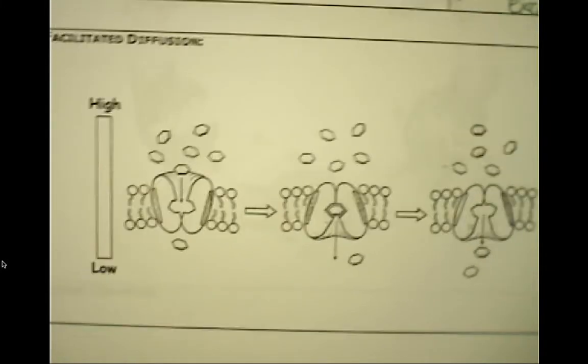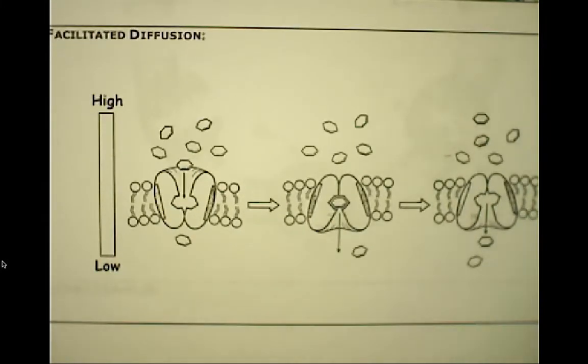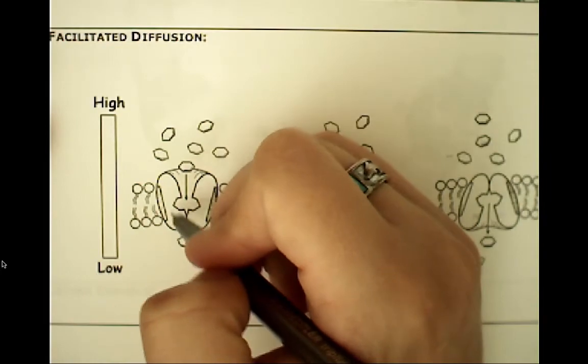Now, what if you have not a lot of a solution in your cell, like a chemical in your cell, and you want to get it in, but you don't want to actively pump it in? That's where facilitated diffusion comes in. So you need what's called a protein to get it in, okay?